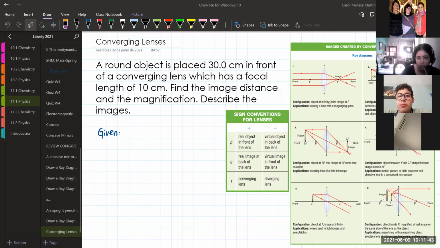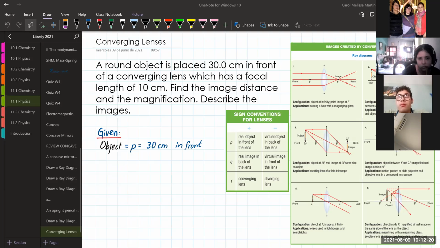So my object, remember this, the object is equal to P. And this object, which is a round object, is placed 30 centimeters in front of the converging lens. Now, it says that the lens has a focal length of 10 centimeters.